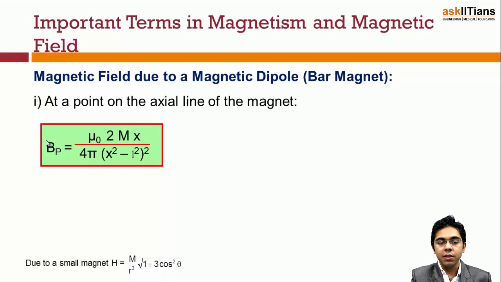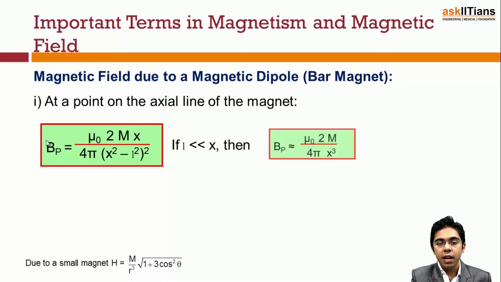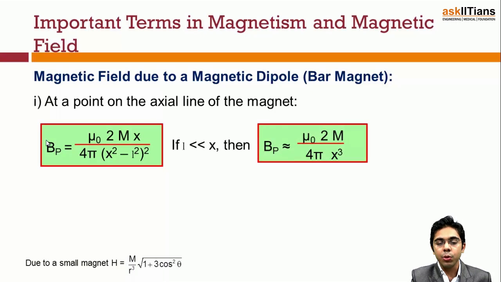If x is very large compared to L, then this can be written as mu naught by 4 pi times 2m by x cube. Remember this relation, it is very important.